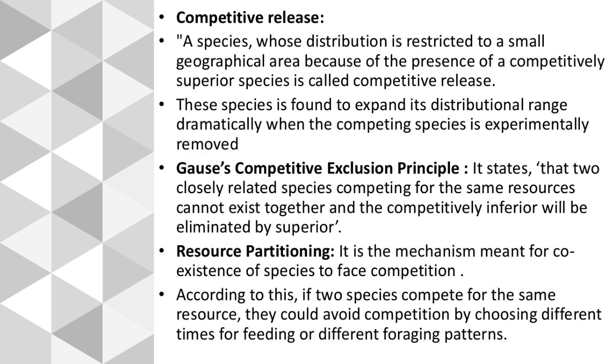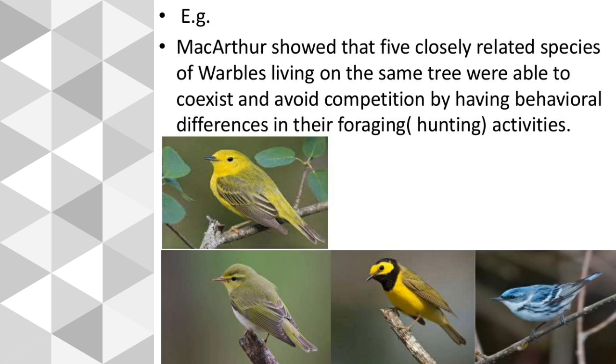According to this, if two species compete for the same resources, they could avoid competition by choosing different times for feeding or different foraging patterns. For example, MacArthur showed that five closely related species of warblers living on the same tree were able to coexist and avoid competition by having behavioral differences in their foraging activities.